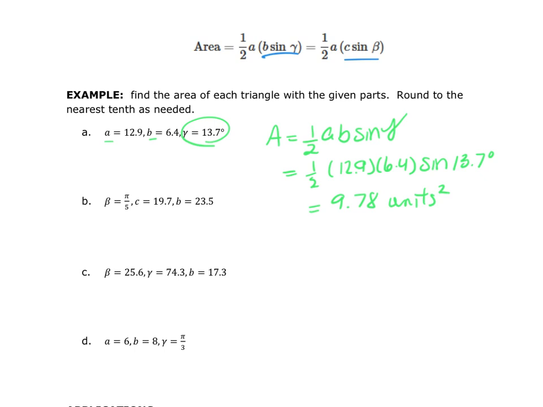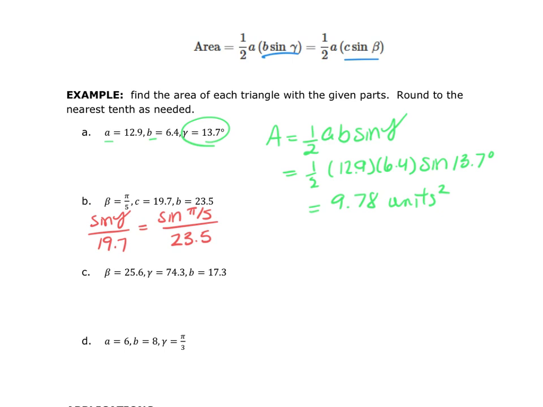So I will go ahead and use the law of sines. First I'm going to find my gamma. So I have the sine of gamma over 19.7 is equal to the sine of pi over 5 divided by 23.5. Now notice that I have an angle in radians. I have pi over 5. So I've got to make sure that my mode is back into radians, not degrees, because they're giving me the pi over 5.